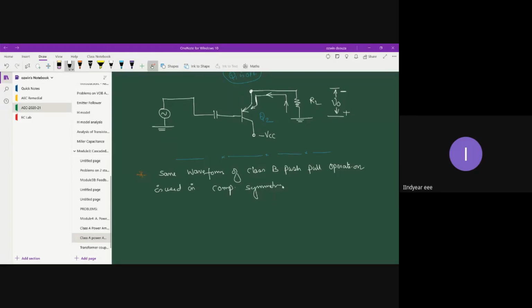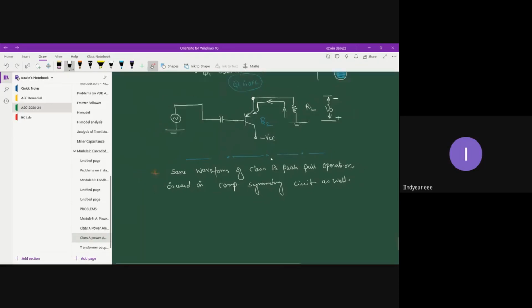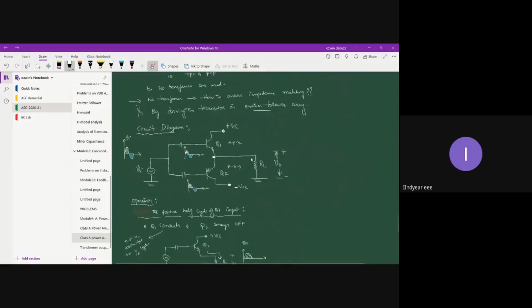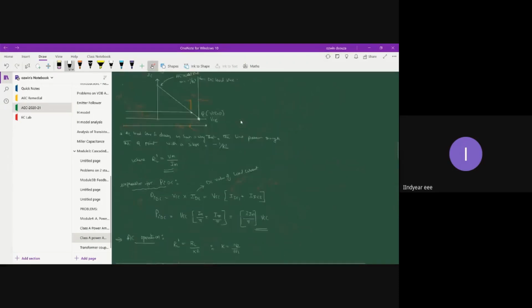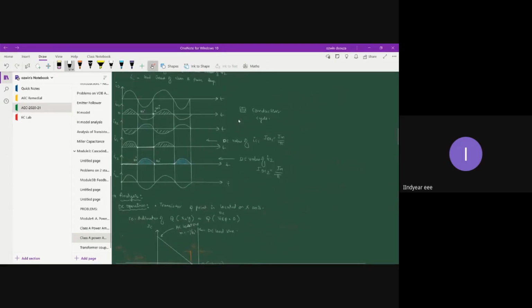So the same waveforms, you just copy and paste it over here.